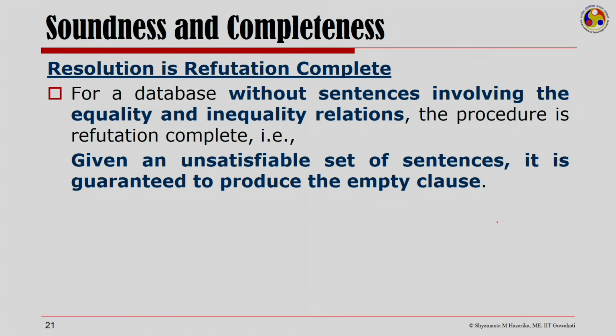However, resolution is refutation complete. That is, if I have a database without sentences that involve equality and inequality, then given an unsatisfiable set of sentences, it is guaranteed to produce the empty clause. It is this property of resolution that we exploit to get our proofs.